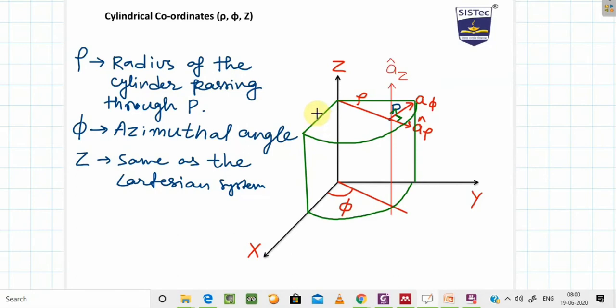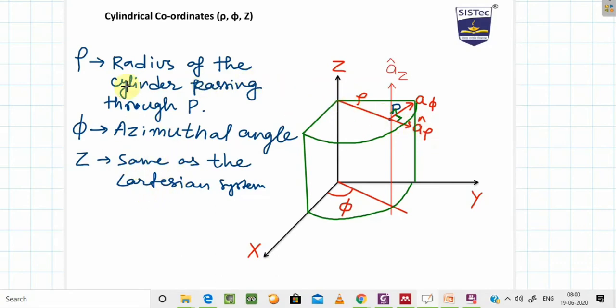Now we will discuss the range of variables. So we have this rho, phi and z. Looking at the diagram and this vector resolution, you can very clearly see what the range of rho will be. This rho vector can extend from the z axis to infinity.